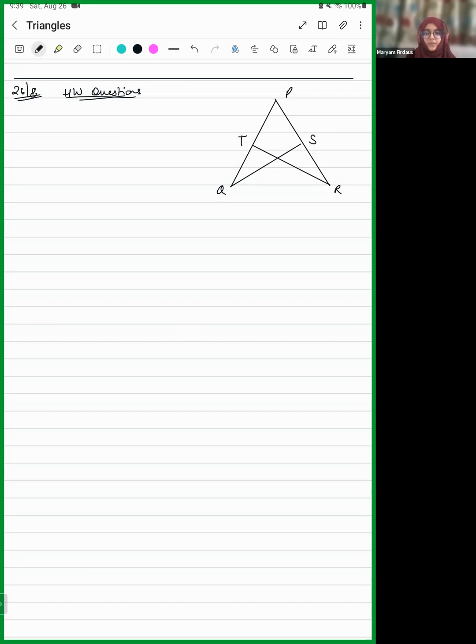PQ is equal to PR. Okay, so they have given that PQ is equal to PR and angle Q is equal to angle R. What do we have to prove? Triangle PQS is congruent to triangle PRT.